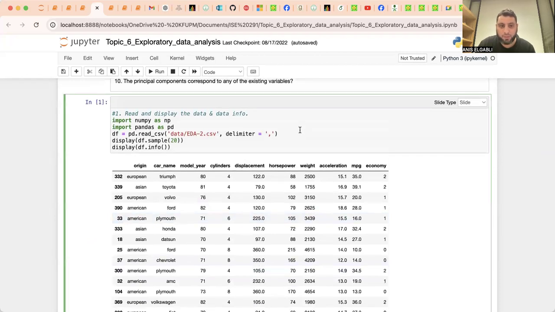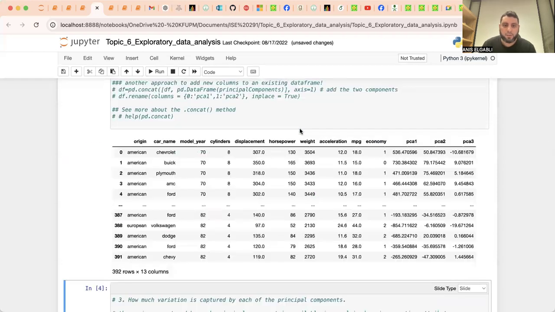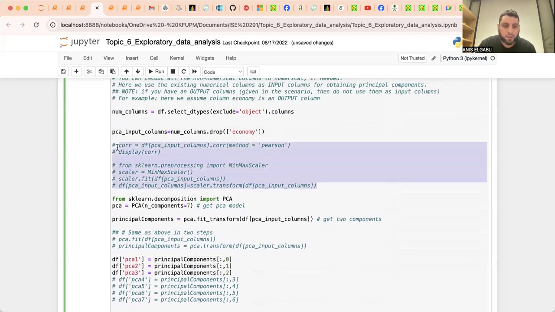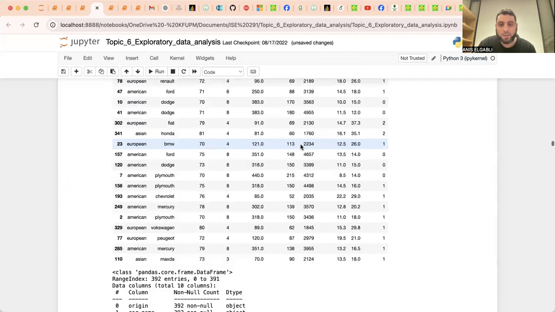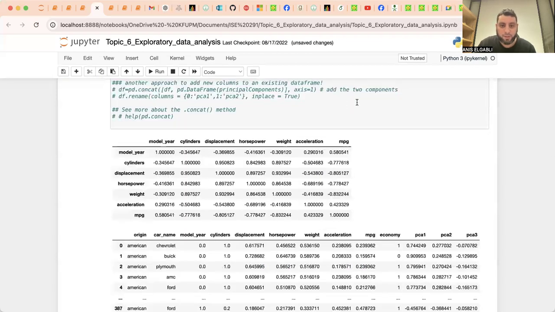Let's rerun it and do the normalization. I also computed the correlation to show you that they are correlated. There is some correlation, but some features are very strongly correlated to each other, and some are less correlated. For example, the correlation between the number of cylinders and the displacement is so high, and between the number of cylinders and the horsepower is also high.